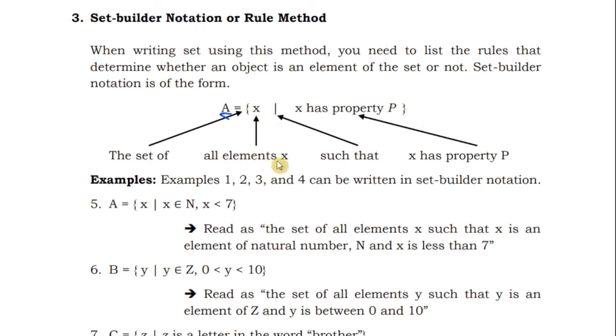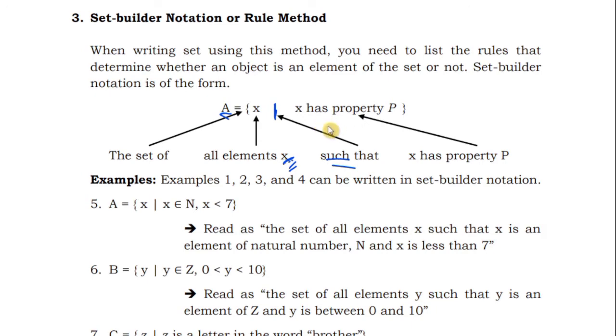So we have here x, meaning those unknown elements are represented by a certain variable. Then to separate this from what defines it, as in the verbal description of the given set, we have this kind of symbol, and it says "such that".